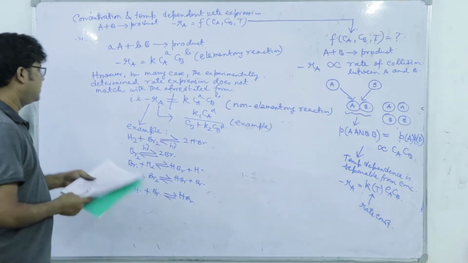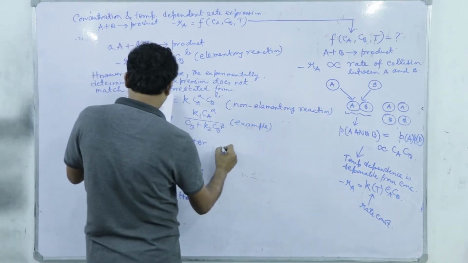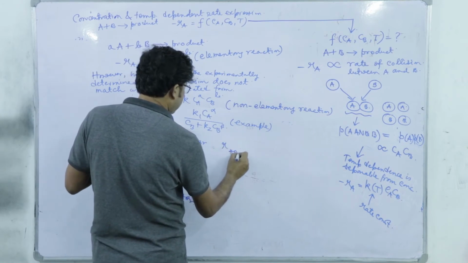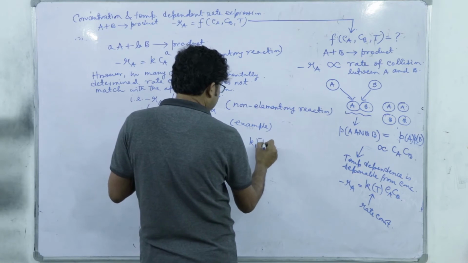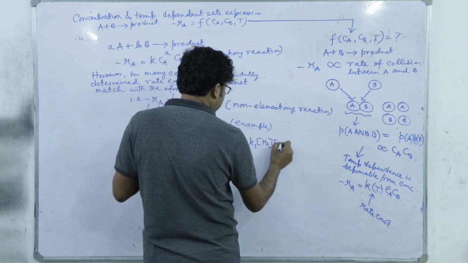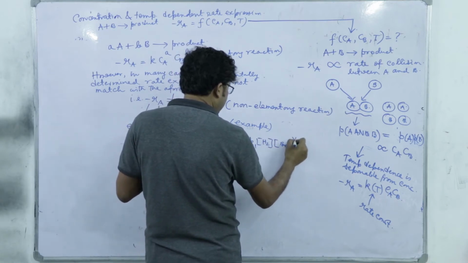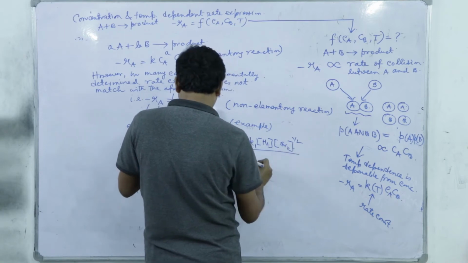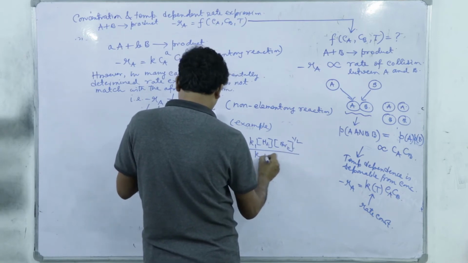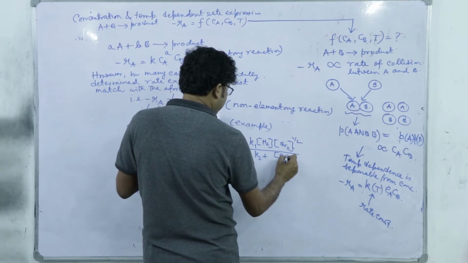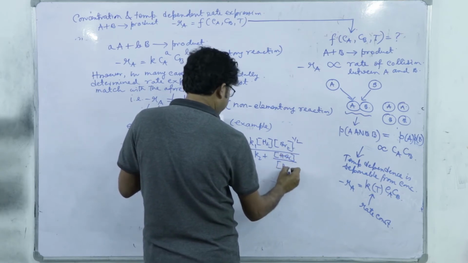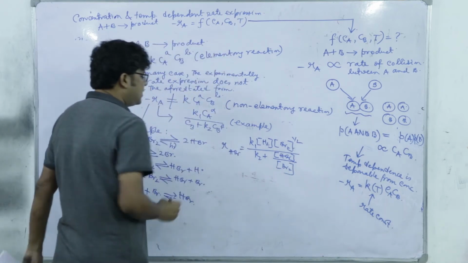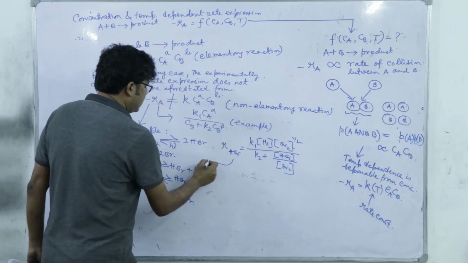But actually the rate expression of RHBr is equal to K1 concentration of H2 concentration of Br2 to the power half divided by K2 plus concentration of HBr by concentration of Br2. So it is not at all consistent.